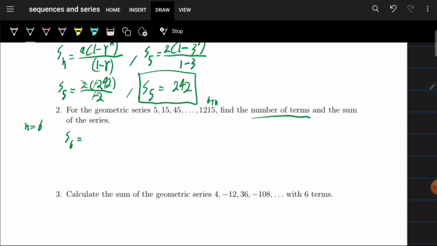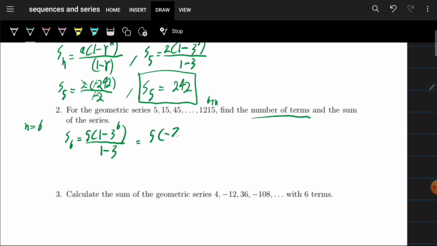And that's going to be equal to the first term, 5, times 1 minus the common ratio, which was 3, to the power of the number of terms we're summing up, which is 6, all over 1 minus r, which is our r was 3. Okay, so this is going to be equal to 5 times, let's see what 3 to the 6 is, and 1 minus that.